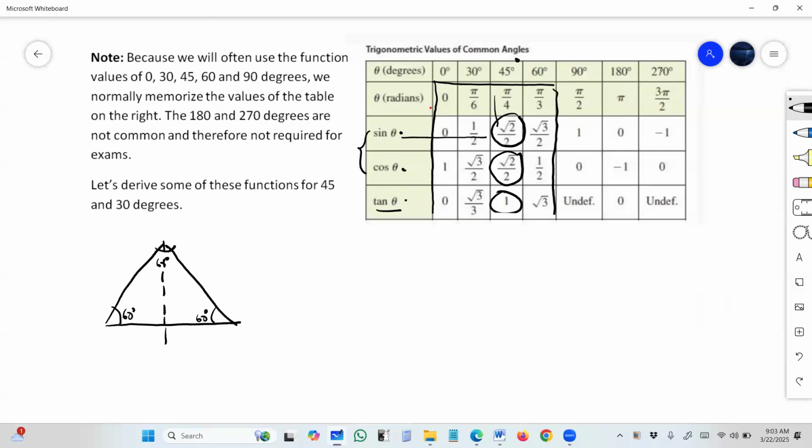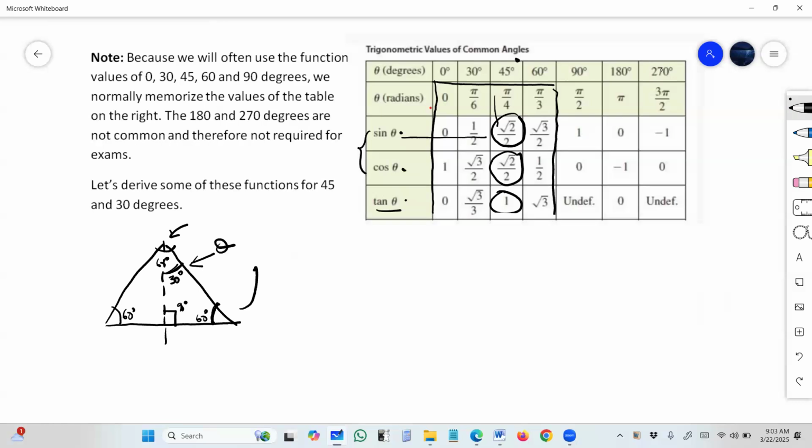So now I slice this angle in half. This becomes half of 60, which is 30. Now I have this angle being 30, this angle being 60, which means that this angle is obviously 90. This is now my angle theta.